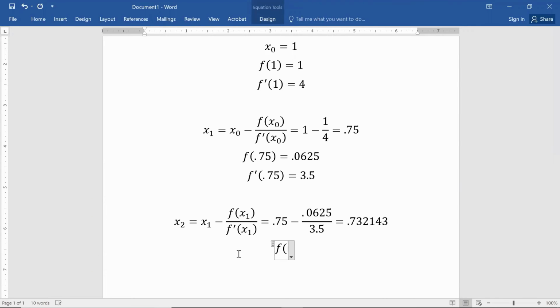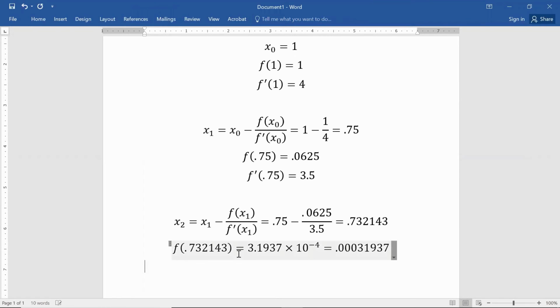The function evaluated at 0.732143 is actually equal to, when I typed it in my calculator, I ended up with scientific notation that is about 3.1937 times 10 to the negative 4 power, which is like 0.0003197.